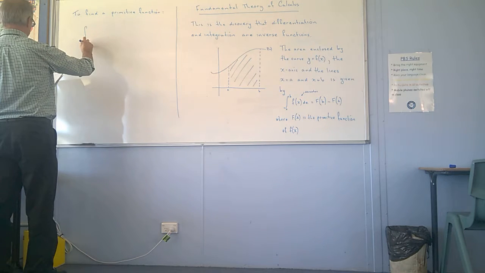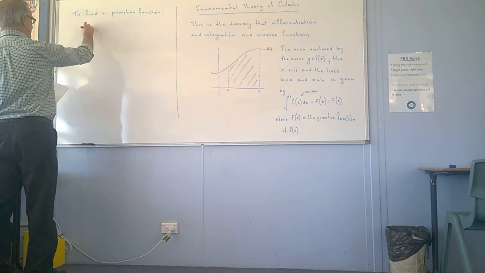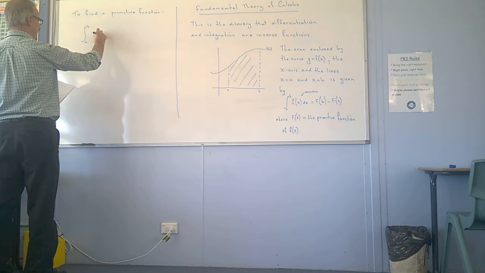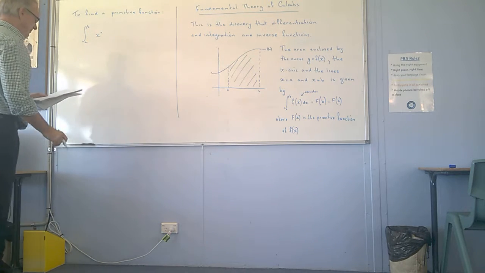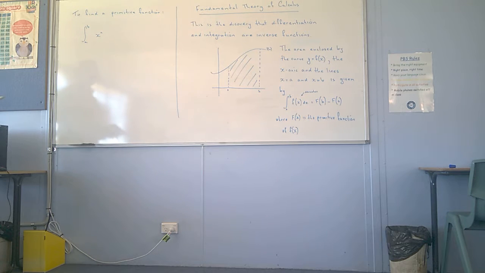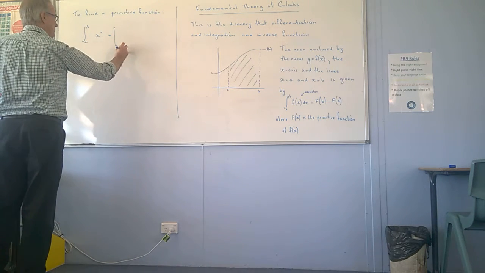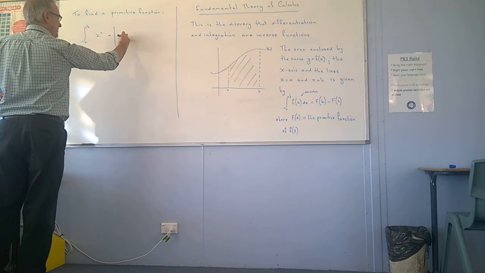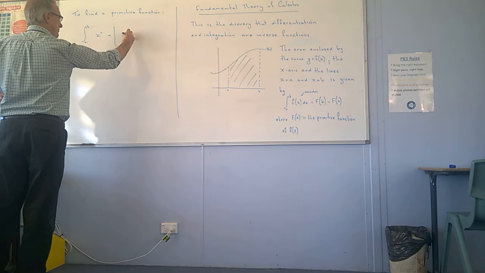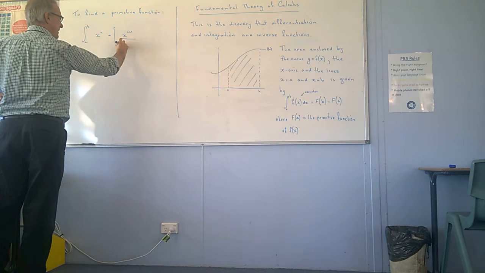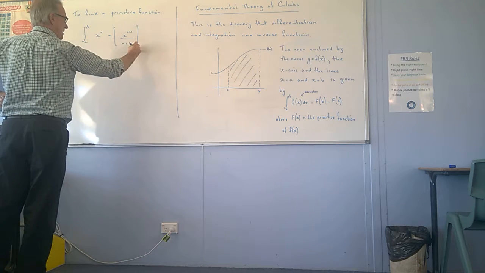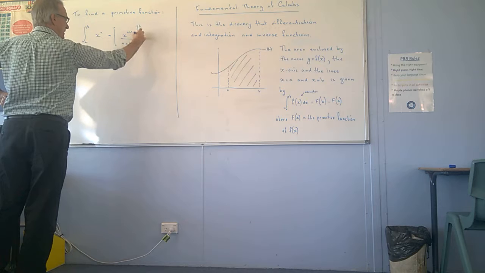The integral from a to b of x to the n is equal to, and they write it like this, x to the n plus 1 over n plus 1 from b to a.